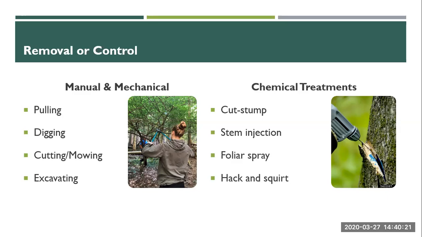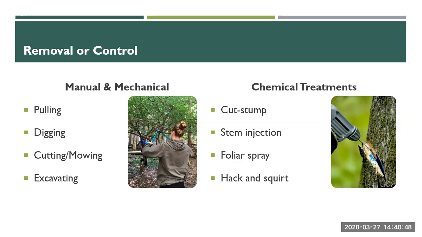So if there's a hollow plant or a hollow stem, we can inject the stem with the herbicide and it will go down into the roots and do its job. There's also foliar spray, which means you spray the leaves. And then there's hack and squirt. So rather than cutting down the whole tree, you can make little notches in it and squirt the herbicide into the trunk or stem.